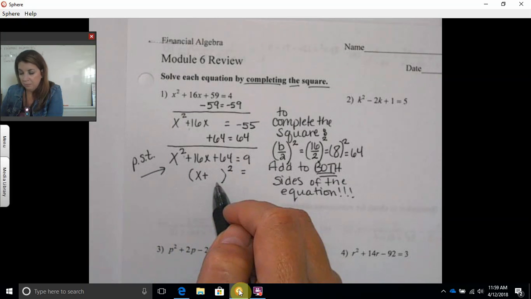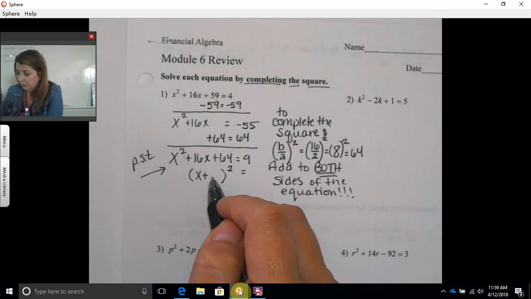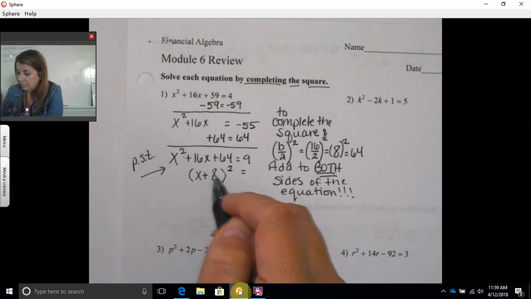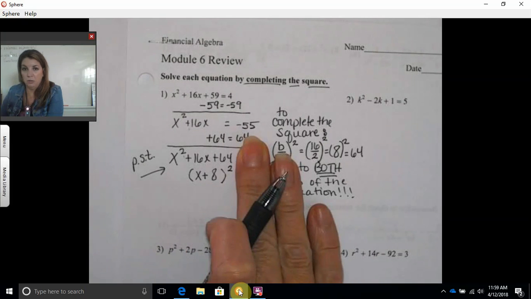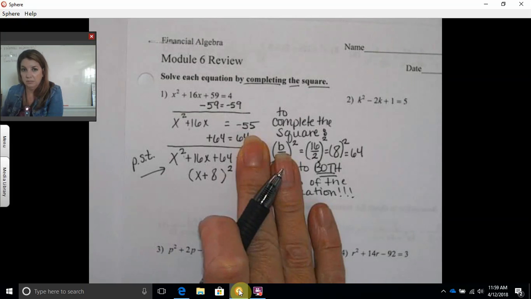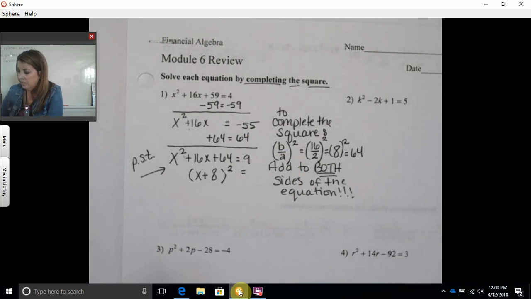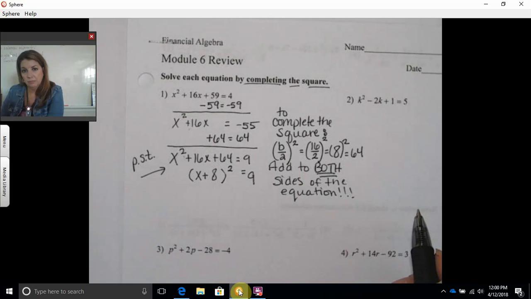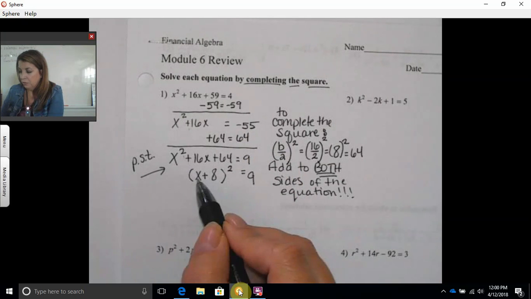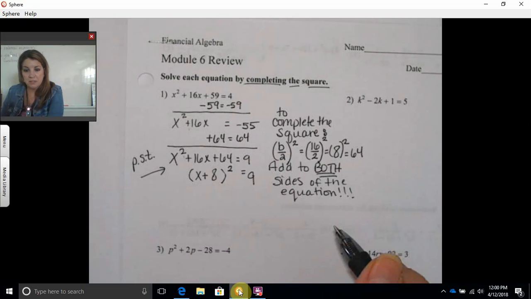What's your last term? 8, the square root of 64. We're not even looking at the right side of the equation, only the left side. Then that 9, you just bring it down. Remember, we spent several days on completing the square.